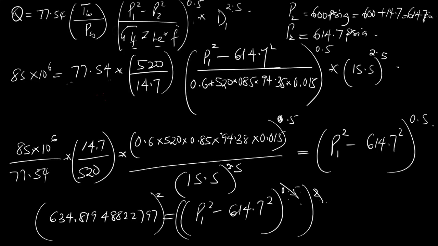We have 402,995.7826340818 is equal to p1 square minus 614.7 square.